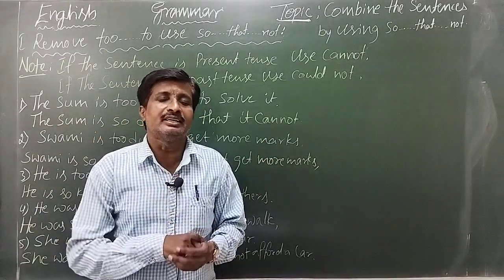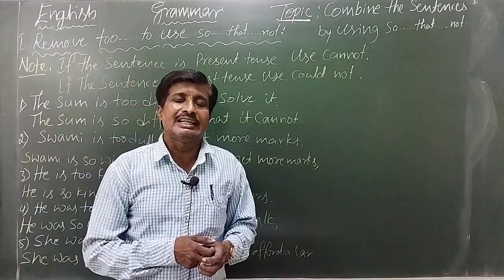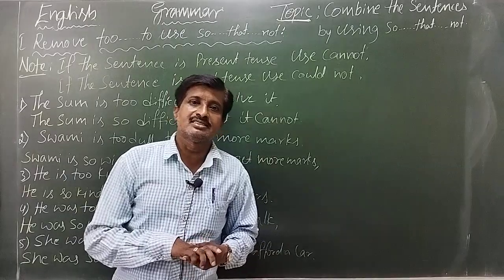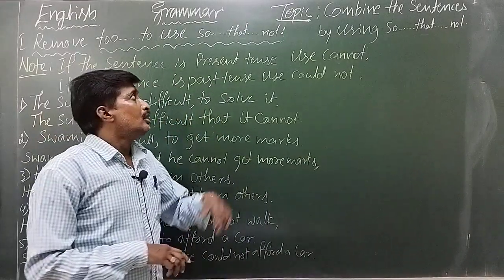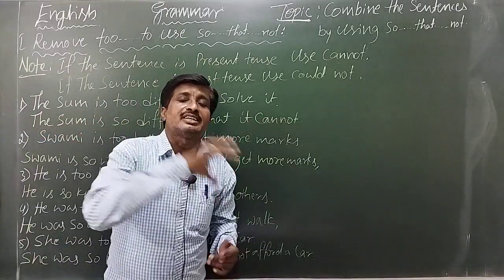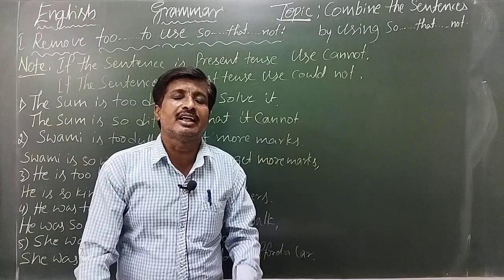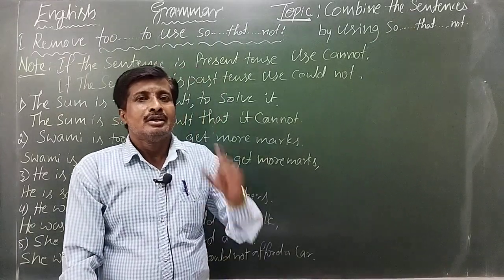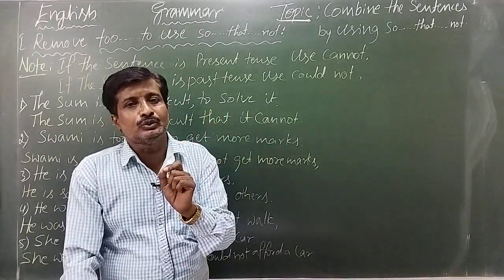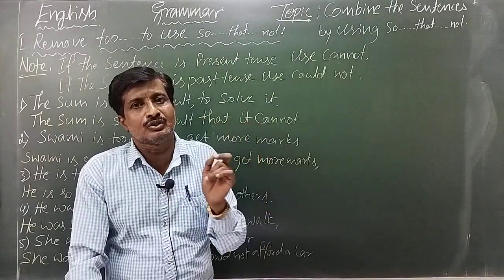But here what is special in today's discussion is this, that is, to remove too, use so that not. In your examination, you use first too, after that you combine the sentences with so that not.